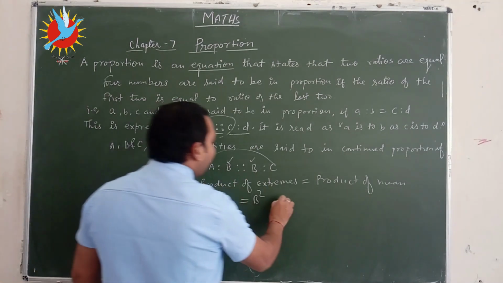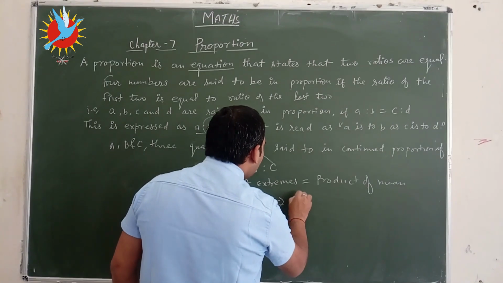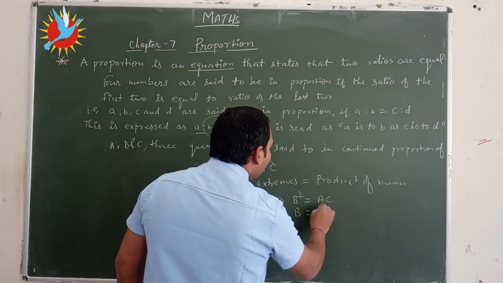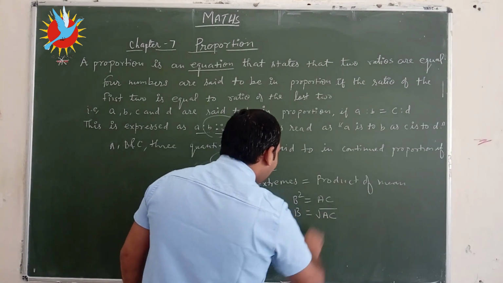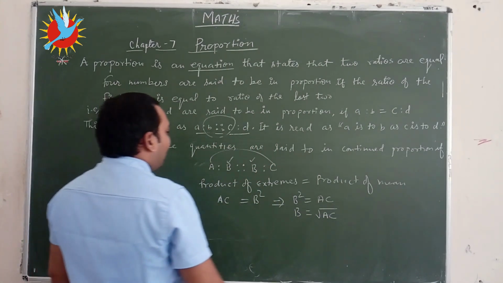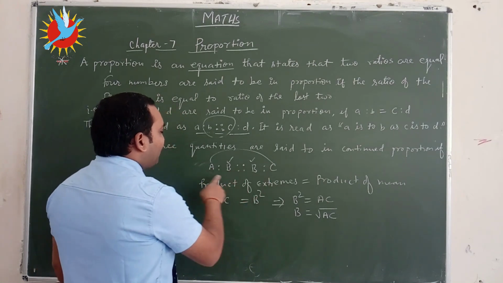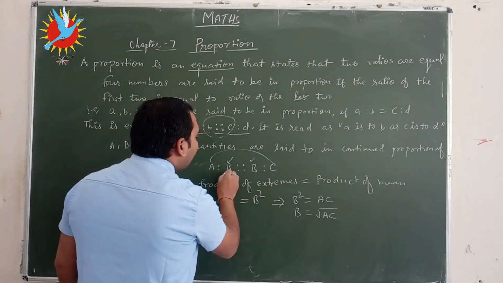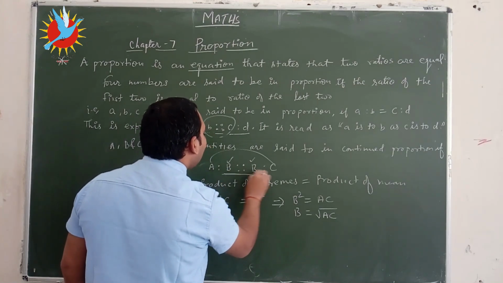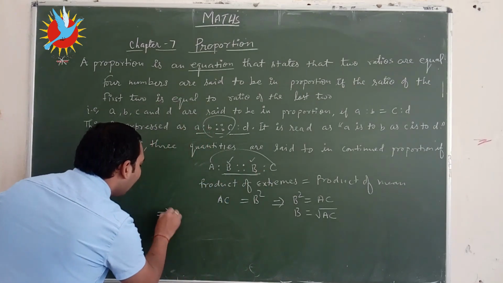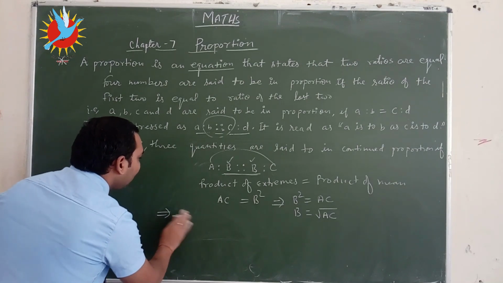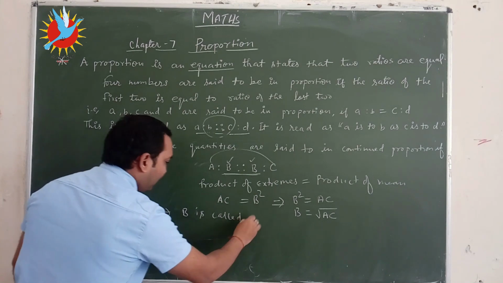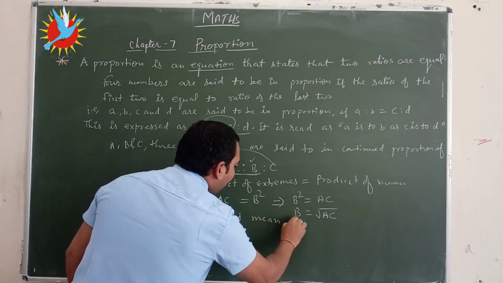So we can write B square is equal to AC, or B is equal to the square root of AC. So in this proportion A is to B as B is to C, this B is called the mean proportion.